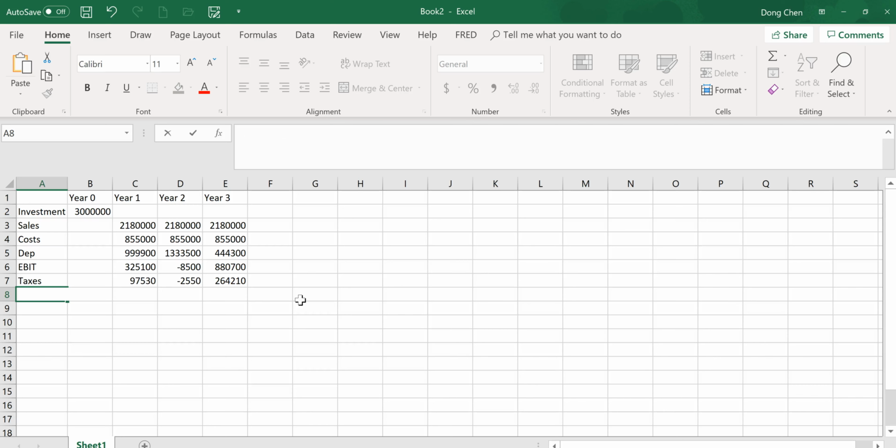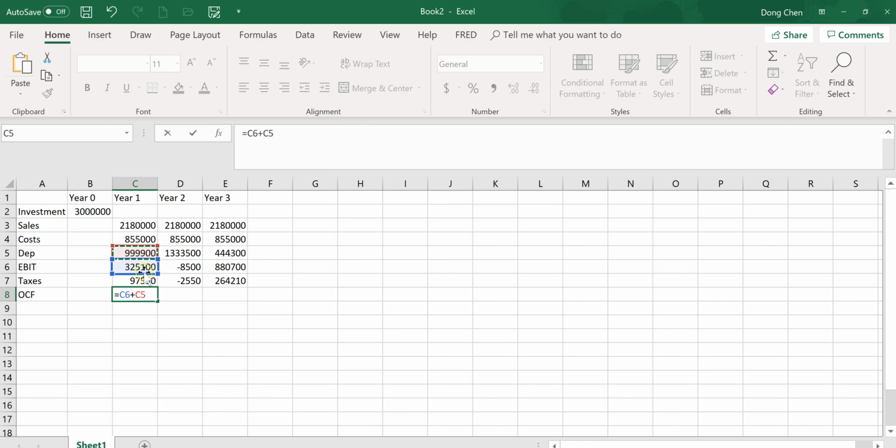And net income, or maybe I don't have to calculate net income. Now I can calculate OCF, operating cash flow. Operating cash flow, as we learned in session 4, I guess, we start from EBIT and then we add back depreciation, right? Because depreciation is not a true cash outflow, even though we have deducted this as if it were a true cash outflow.